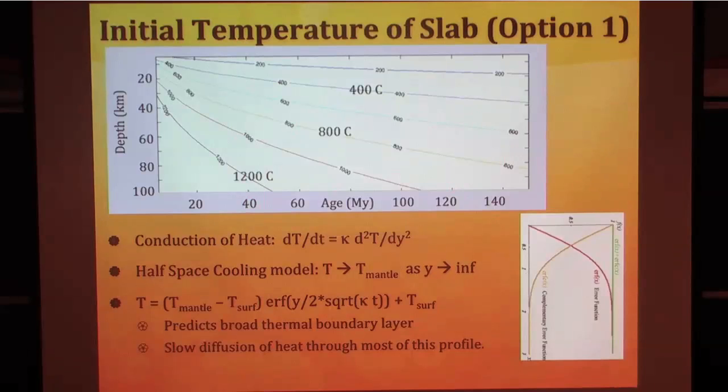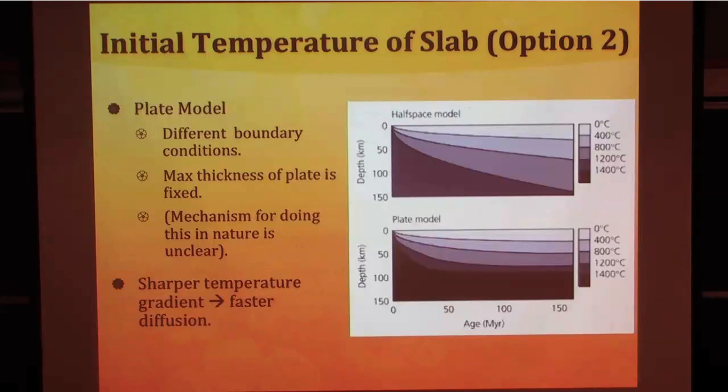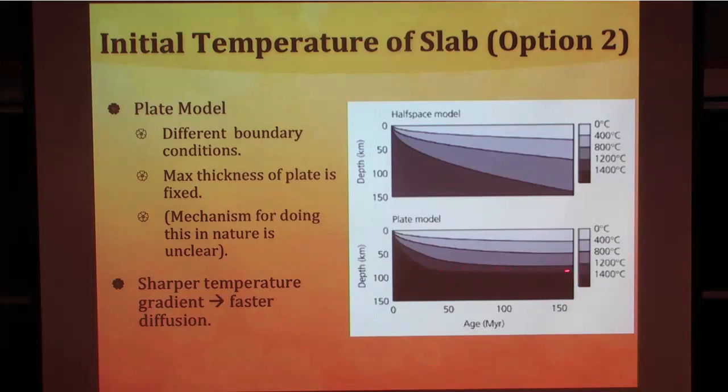Now there's a competing model for this, which I'm not going to go into in detail, called the plate model. The plate model is different because it has a boundary condition at the bottom, which basically says the plate cannot thicken beyond this depth. So instead of getting thicker and thicker, which is what's predicted by the half-space cooling model, it flattens out at about 80 million years old.